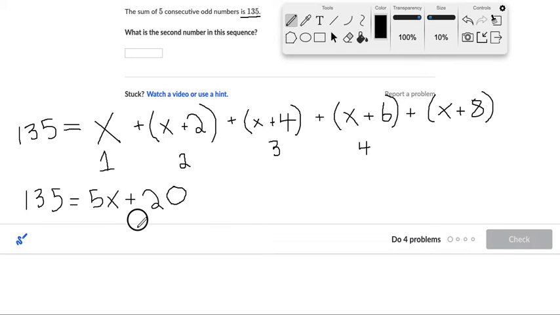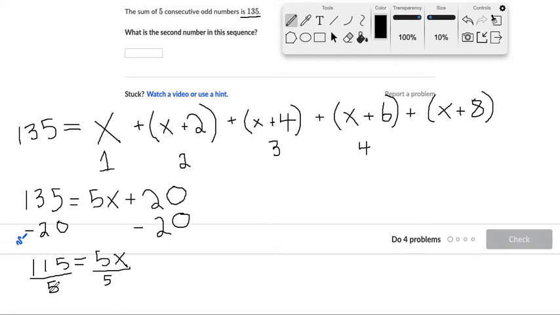I'm just going to subtract 20 from both sides, just like that. I'm going to get 115 equals 5x. Go ahead and divide both sides by 5. Got to maintain that balance.